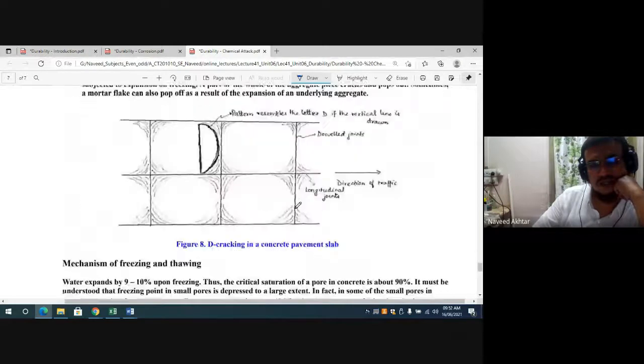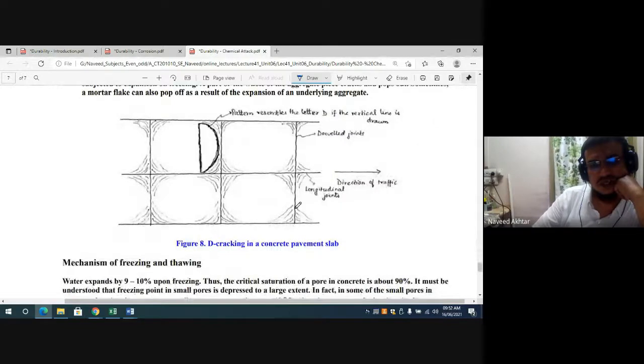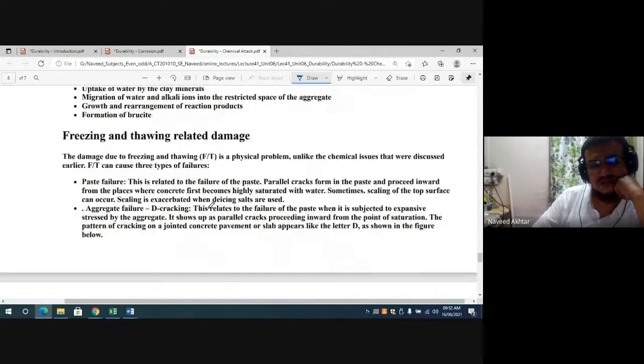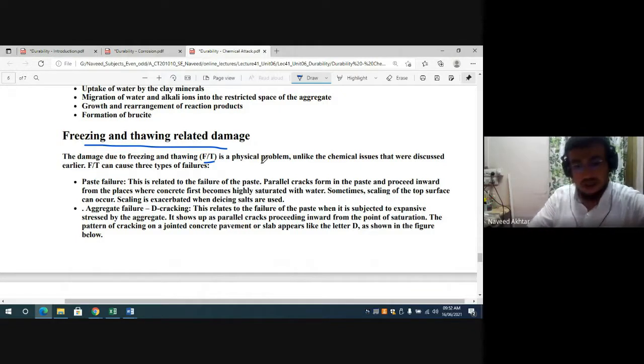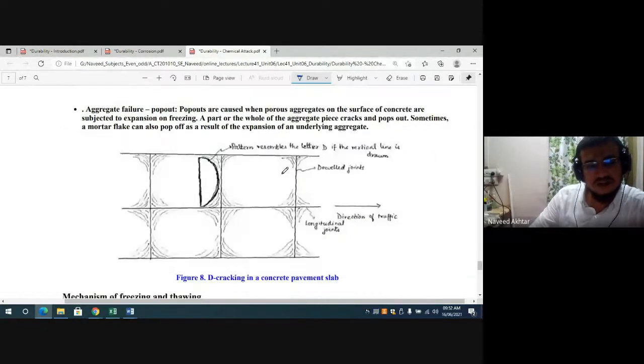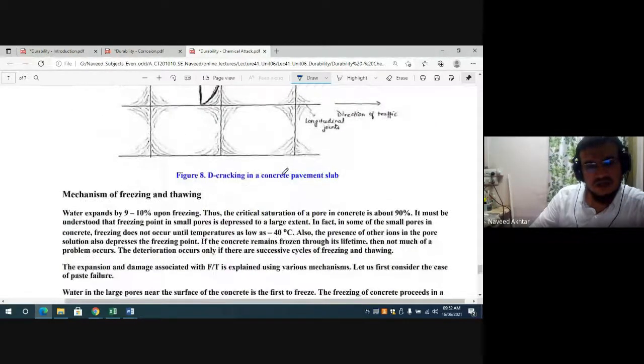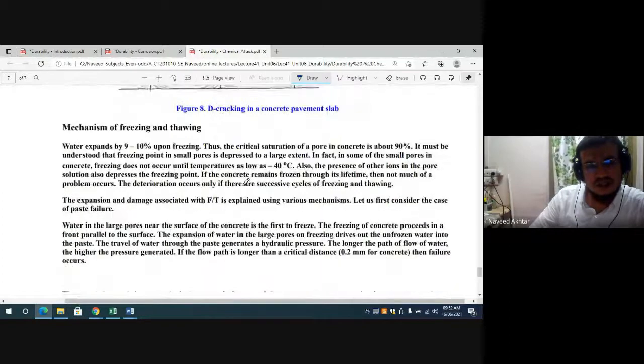Also, you can see cracking will occur due to freezing and thawing related damage. FTN is nothing but freezing and thawing, where the outside temperature and inside temperature change very abruptly in the colder region, and the freezing and thawing will happen and crack formation will occur.